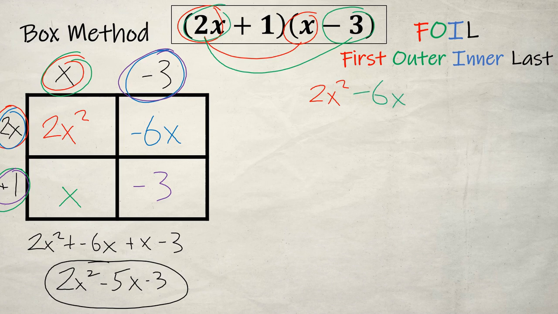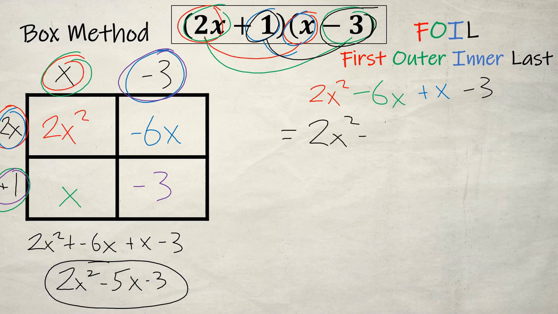The inner terms are 1 times x, that gives me positive x. And the last terms are 1 times negative 3, which gives me negative 3. There's no x there. All right. So when we combine like terms here, we get 2x squared minus 5x minus 3.